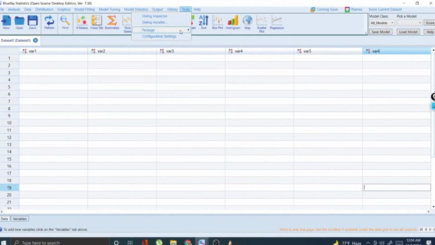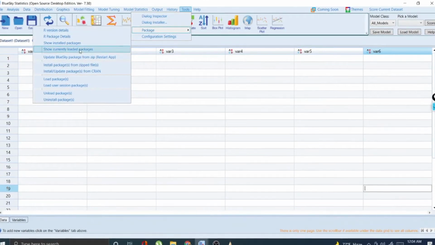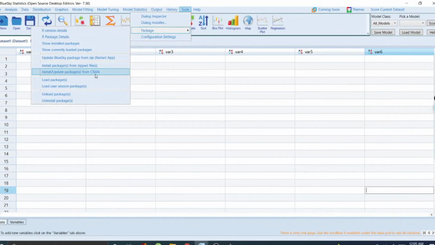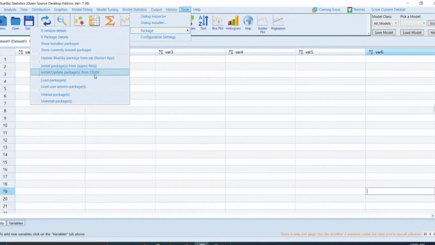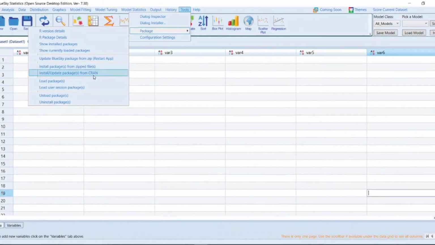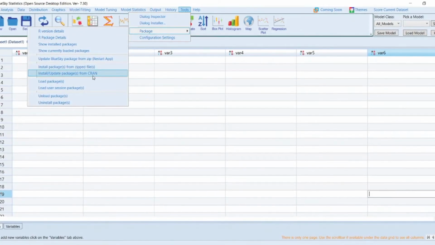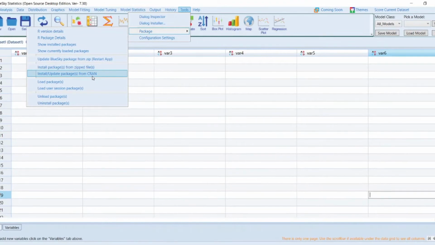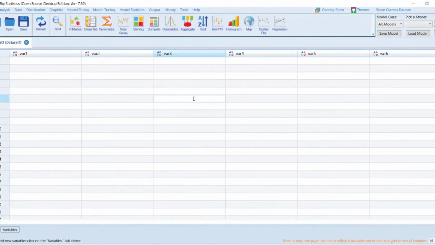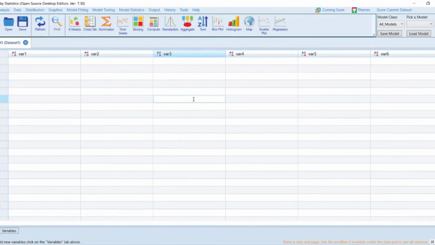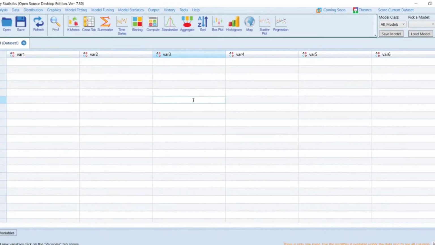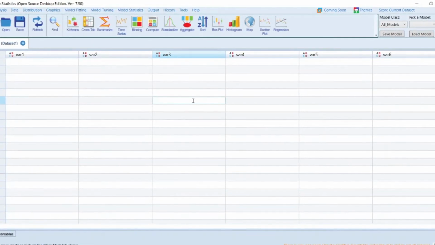There is an option called Packages, where you can install packages from a zip file or install and update packages from CRAN. So if you would like to do something outside of BlueSky, you can always install the package from CRAN. It's a very nice option that you don't need any other platform like RStudio. BlueSky itself can give you everything you need, from beginner to advanced level.